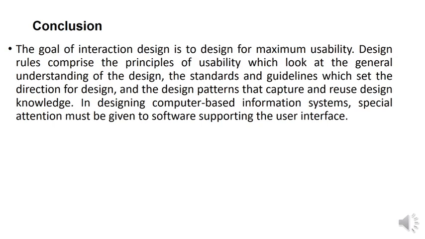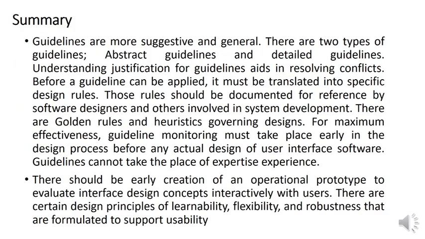In designing computer-based information systems, special attention must be given to software supporting the user interface. So in summary, guidelines are more subjective and general. There are two types of guidelines: abstract guidelines and detailed guidelines.